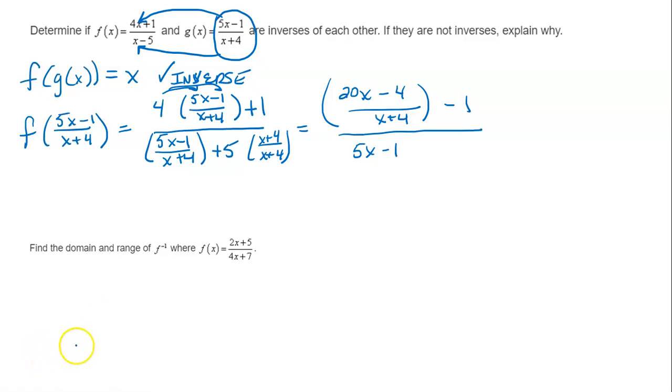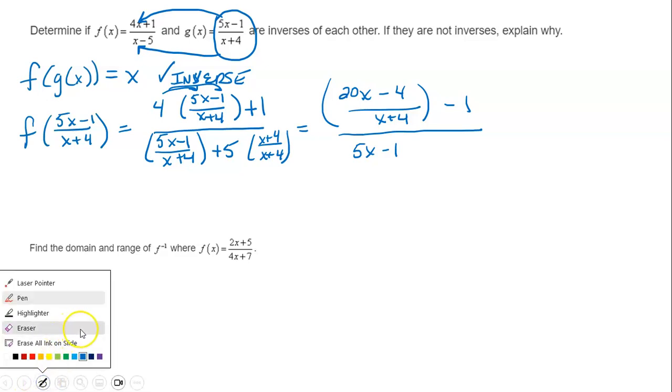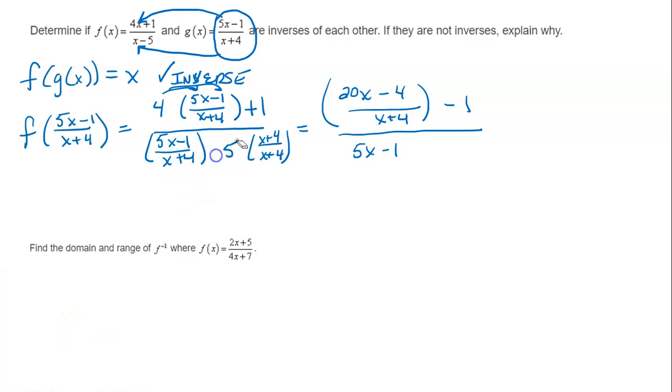That's a minus 5. That's plus 1, that's minus 5. So this is minus 5 times x plus 4 all over x plus 4.